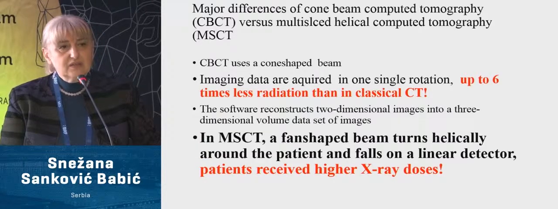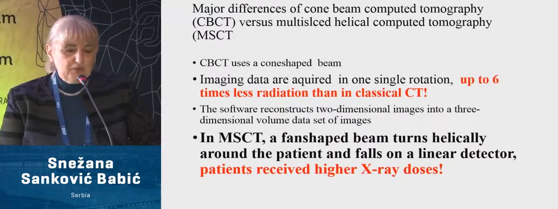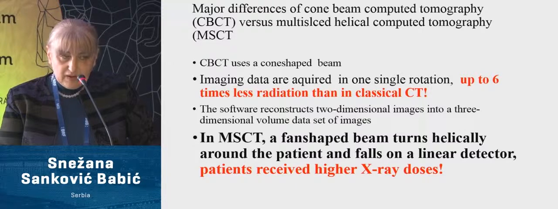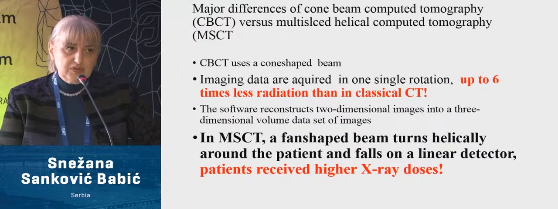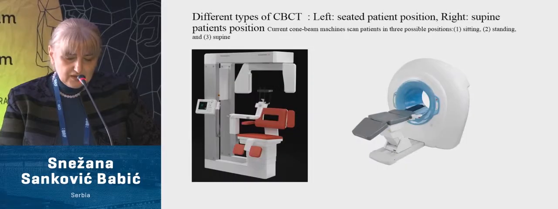It means that our patients receive up to 6 times less radiation dose for the ENT field, up to 22 times less for the field of one sinus. In multi-slice CT, the imaging process lasts longer and patients receive much higher X-ray doses.